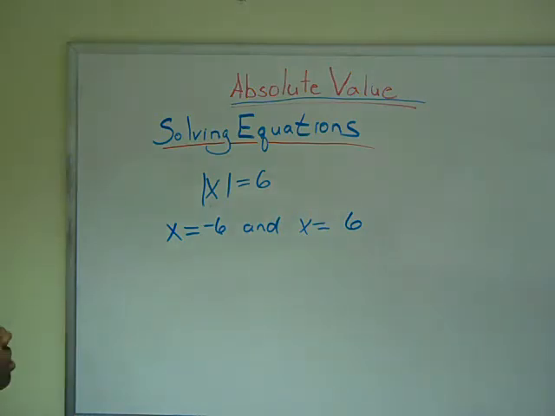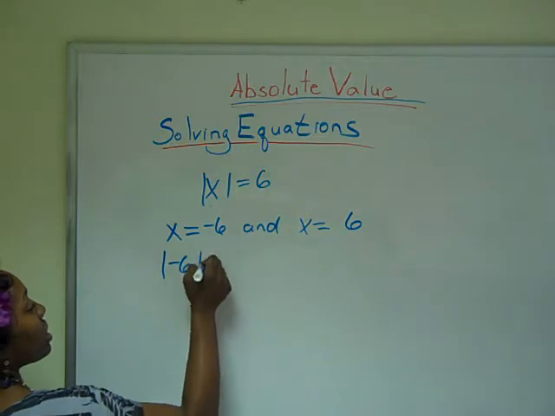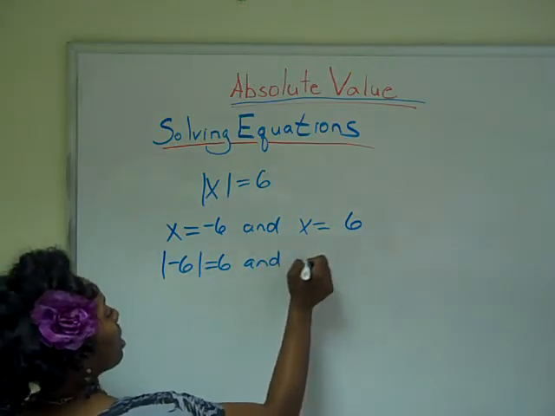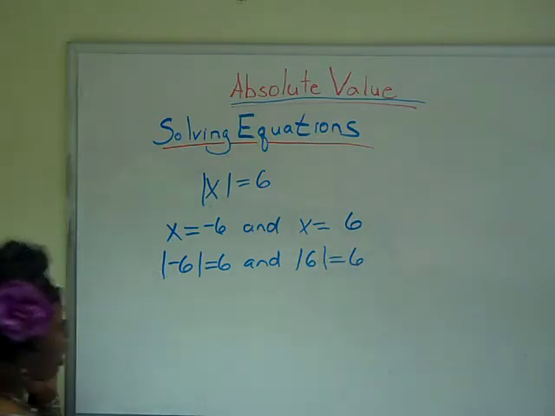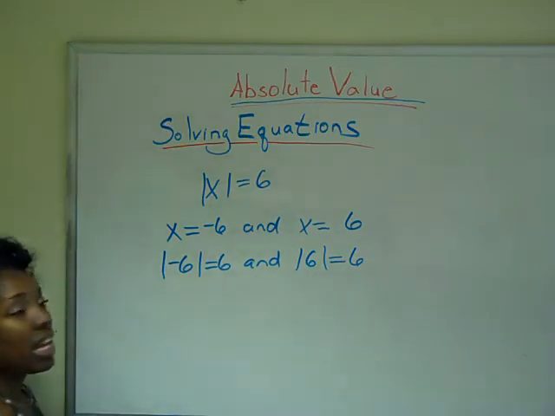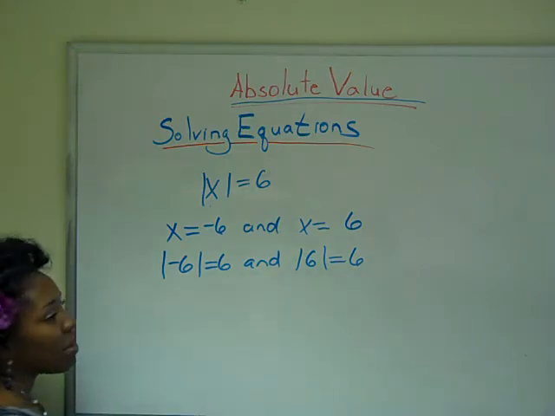So this means that the absolute value of negative 6 is 6, and also the absolute value of 6 equals 6. So from this, we can see that whatever's inside can have opposite signs and still yield the same answer.